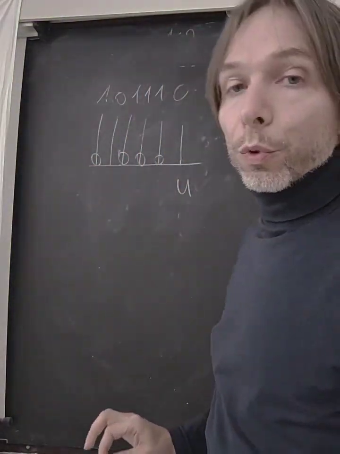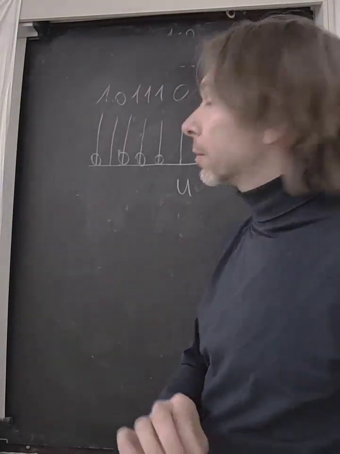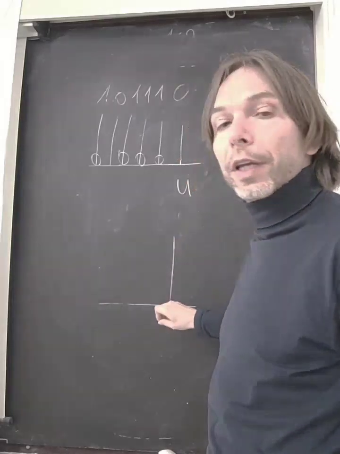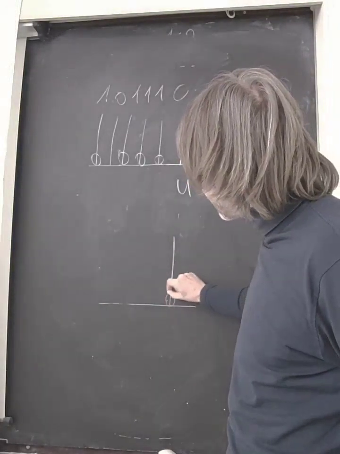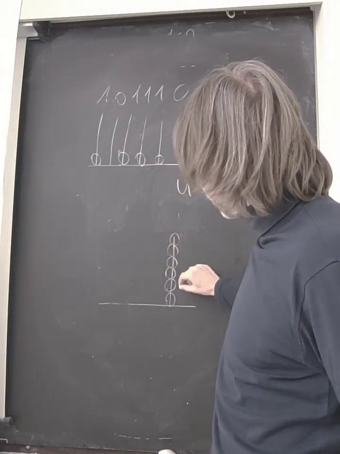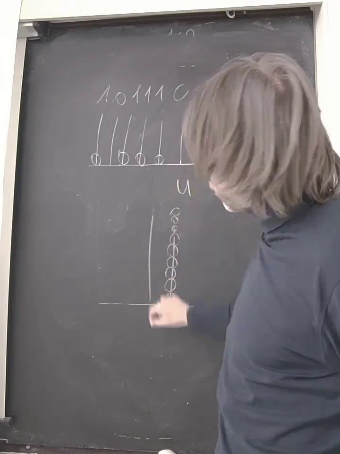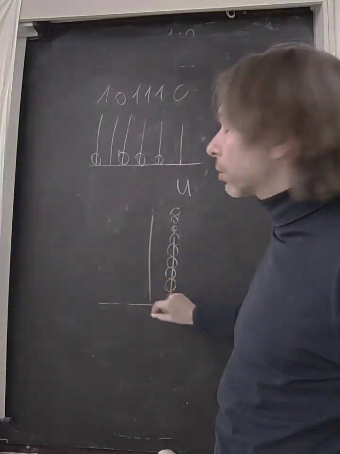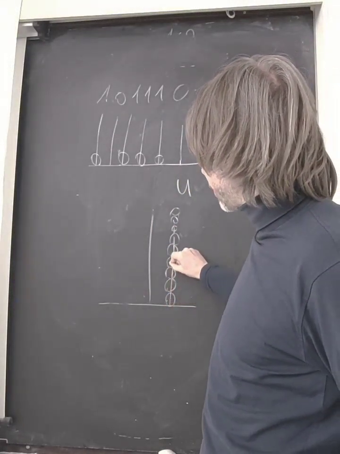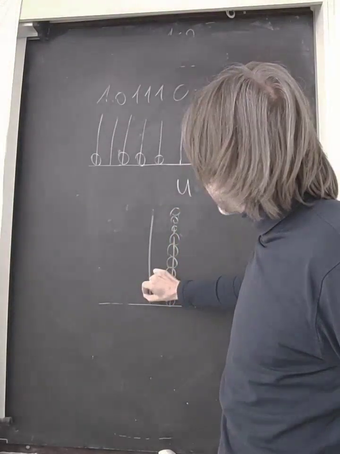But with computers, I don't go 10 by 10, because I don't have to fill an entire needle with 9 balls before putting a ball here. I don't go from 1 to 2, 3, 4, 5, 6, 7, 8, 9, and then 10.